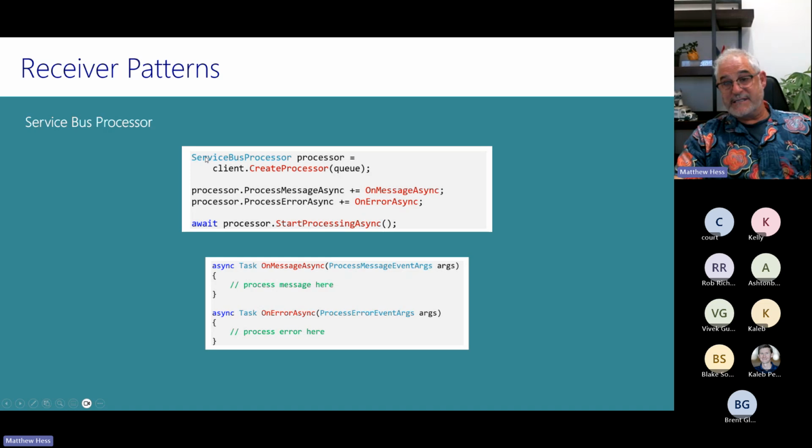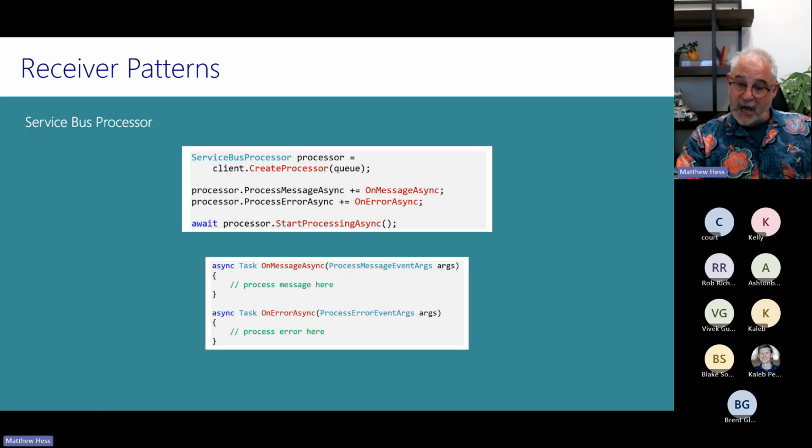The way you do this is you create a ServiceBusProcessor by calling client.CreateProcessor, and then you wire up 2 event handlers, ProcessMessageAsync and ProcessErrorAsync. Here we have our 2 handlers where we're going to either handle the message or handle an error. One neat thing is that by default, it does autocomplete.